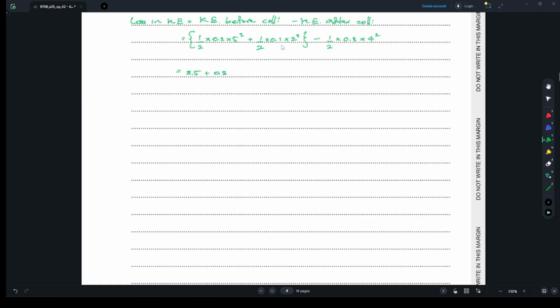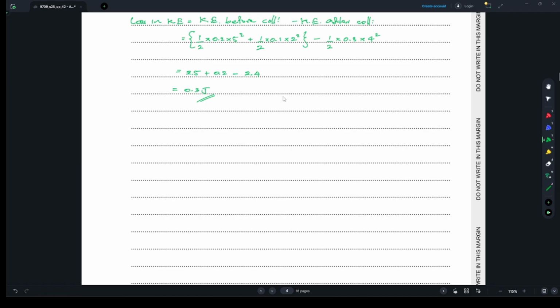So then it's 0.2, and here minus. Okay, here you have 4 square, which is 16, divided by 2, 8. 8 times 0.3, which is 2.4. Okay, so then the total, you can simplify, it will be 0.3 joules.